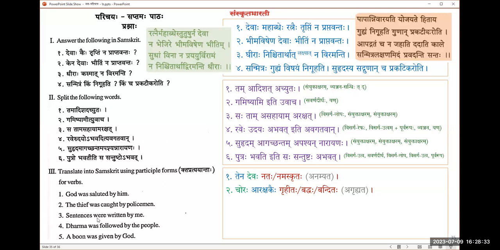Well done. Written. Likita. But Vakyani is in what linga? Napumsaka Bahuvachana. So Likita goes to what? Karmani. So it will follow karma pada. Not karma. This is actually in Prathama Vibhakti because of karmani.